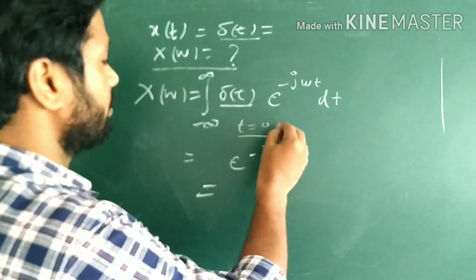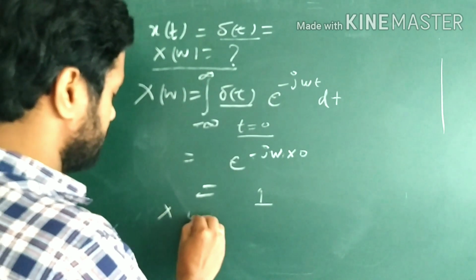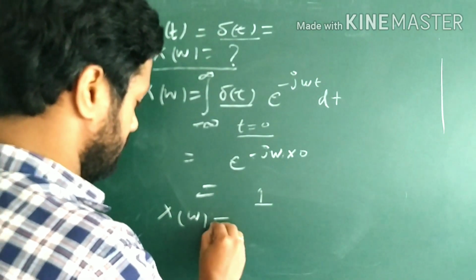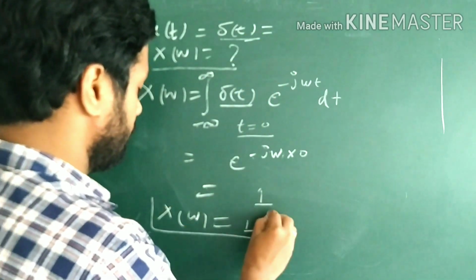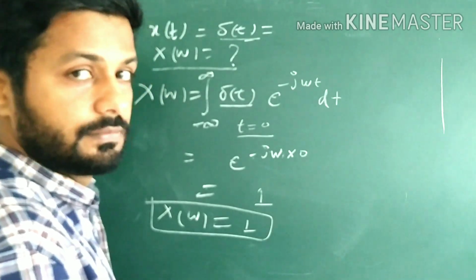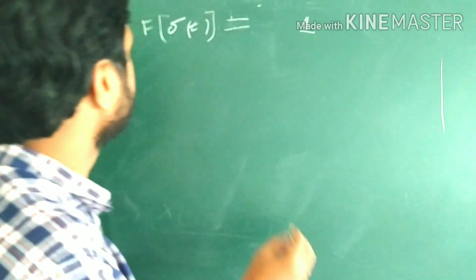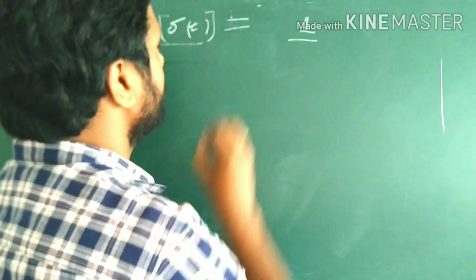So the Fourier transform of impulse signal will be 1. Let us see its graph.